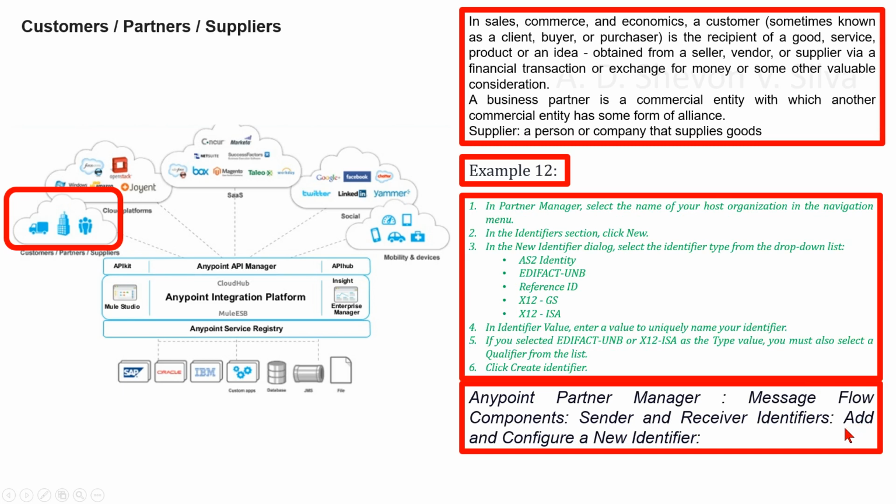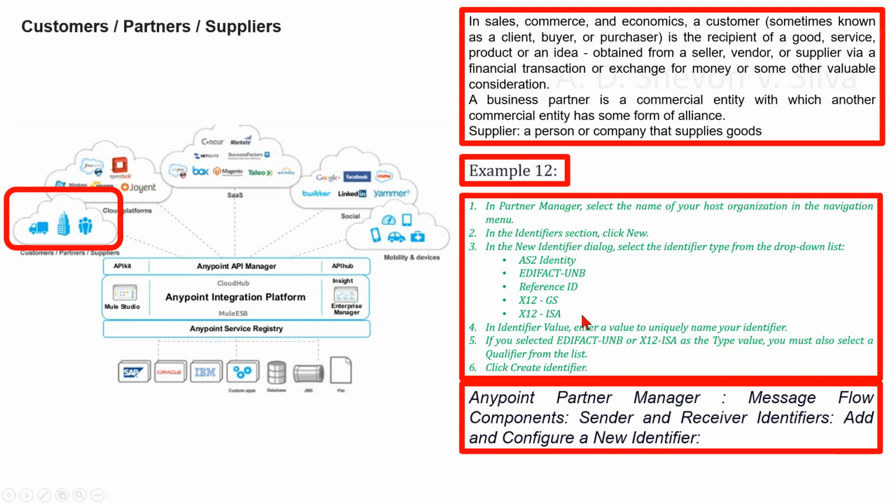Now we are considering adding and configuring a new identifier in message flow, in sender and receiver identifiers in message flow components in Anypoint Partner Manager. 1. In Partner Manager, select the name of your host organization in the organization menu. 2. In the identifier section, click new. 3.